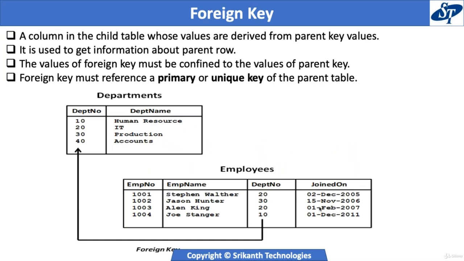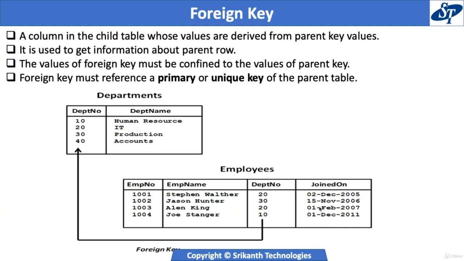And then the tables have relationships. So, departments and employees, these two tables have a relationship called parent child or one to many. One department, many employees. And in employees table, we store a value which can allow us to access the corresponding department. And that column in employees table is called department number. And this department number is what we call a foreign key.